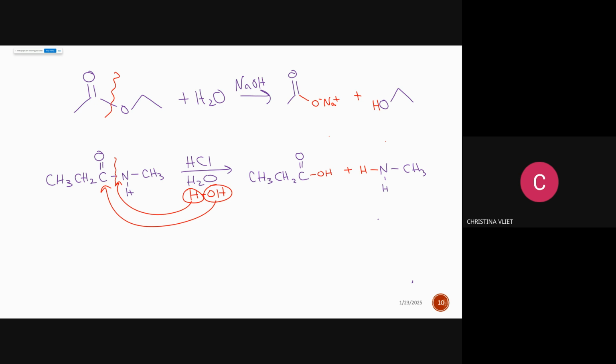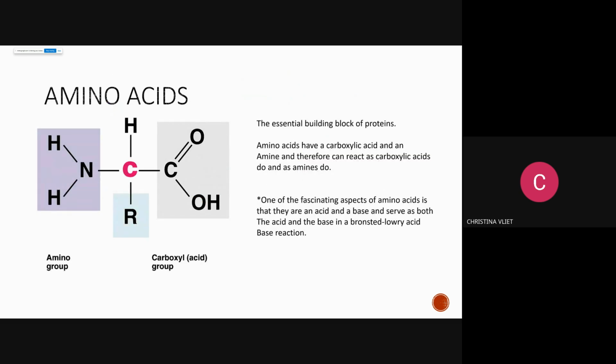Now, the final topic we have today is the biochemistry topic, which if you haven't taken ACE biology, you probably haven't seen much since you took pre-ACE or honors biology. So let's talk about amino acids.